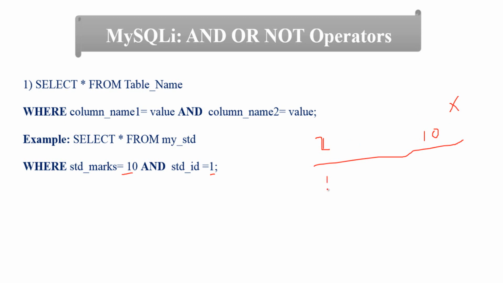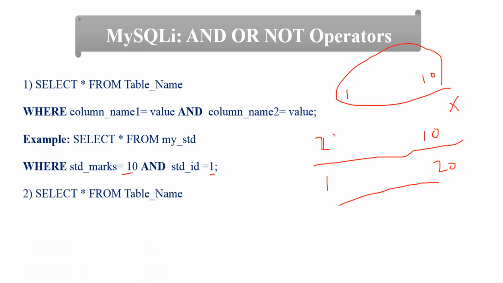If student id is 1 and marks is 20, this record should not be retrieved either. So if both are true, id equal to 1 and marks equal to 10, then this record should be retrieved from the table.